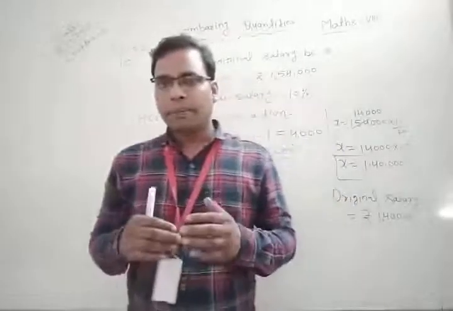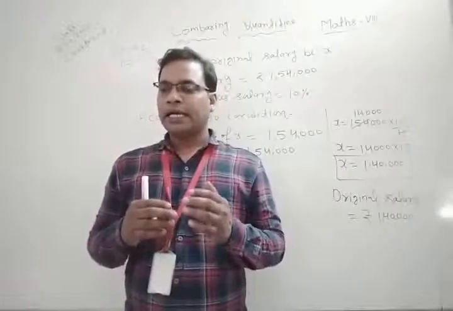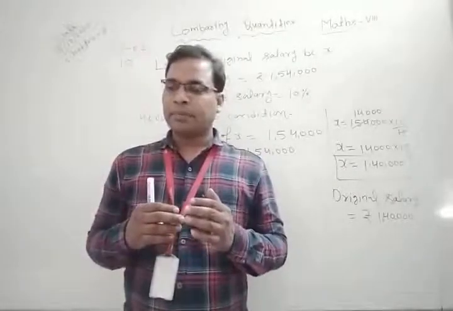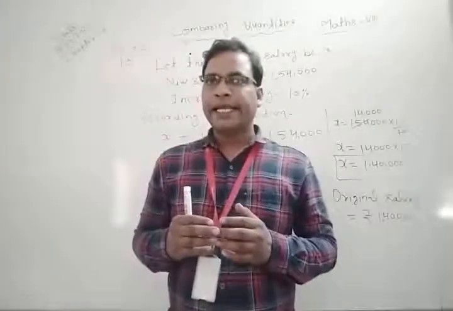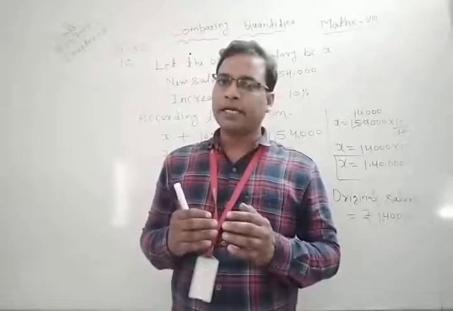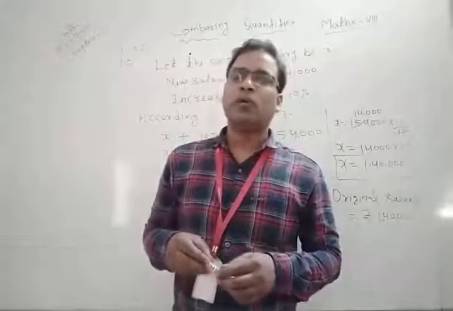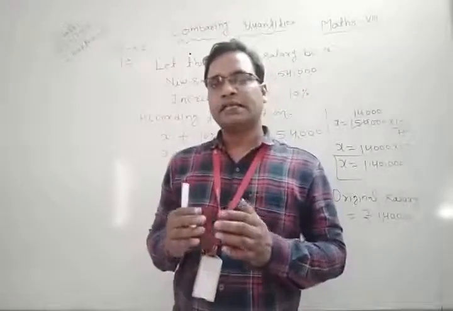So the number of decrease in the people is 845 minus 169. Then we obtain 676.